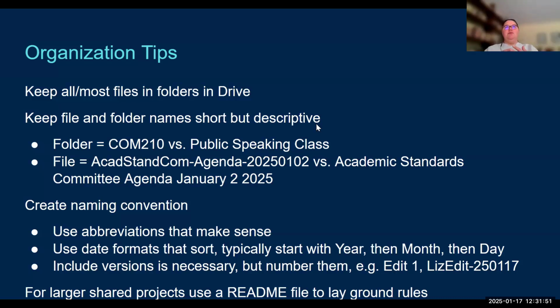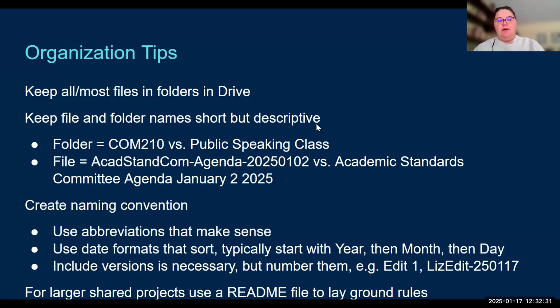Because if you start with the month, for example, and name everything January, March, February, April, and you try to sort things in a folder, April is going to run to the top, because A comes before the J, the F and the M. So if you need to sort things and find things, using those sortable numbers is a good idea.